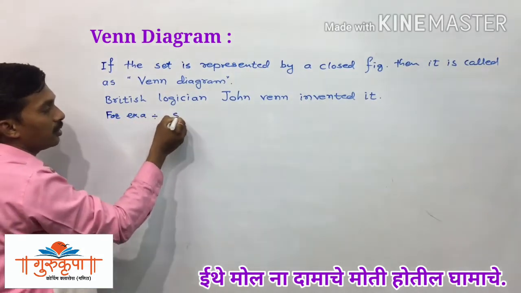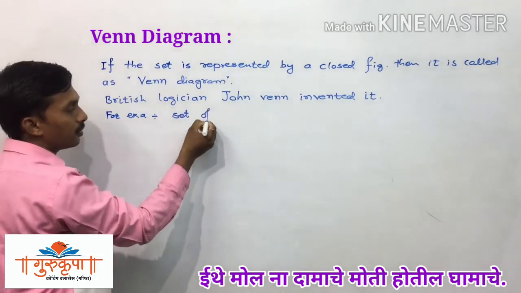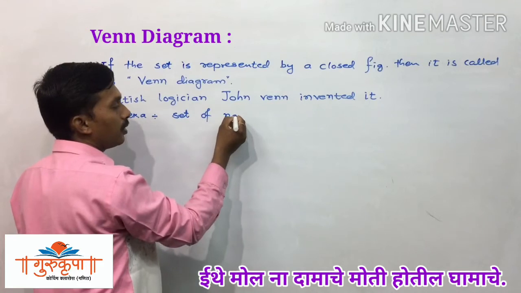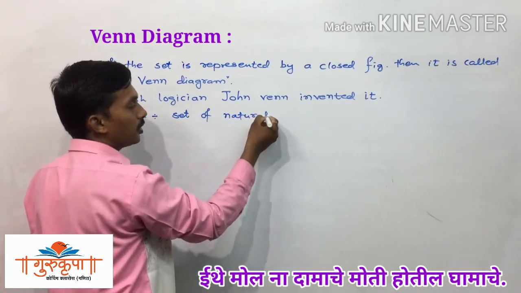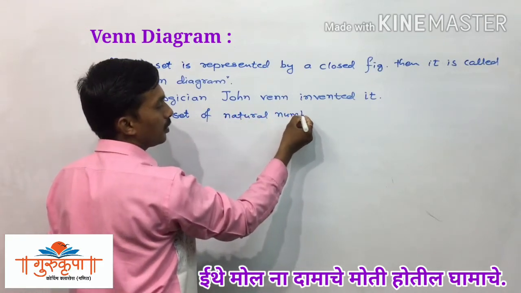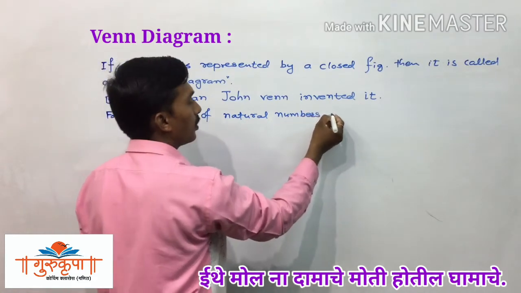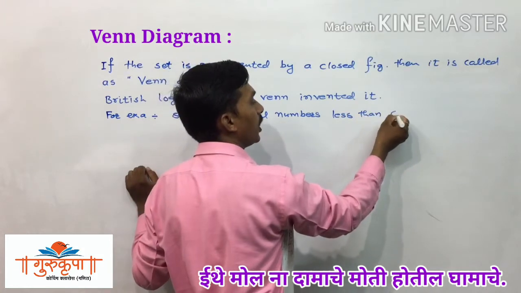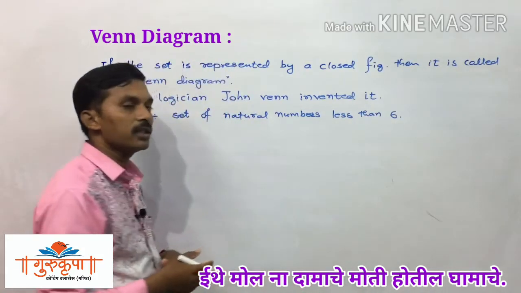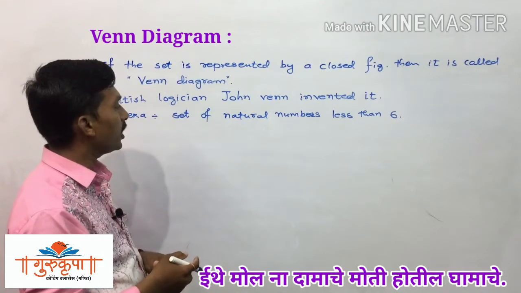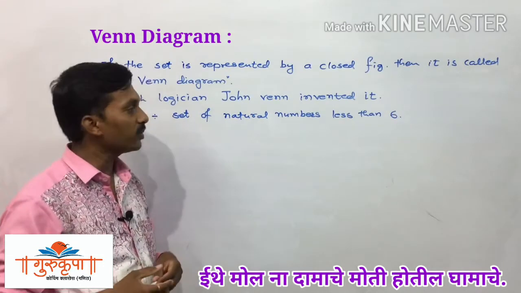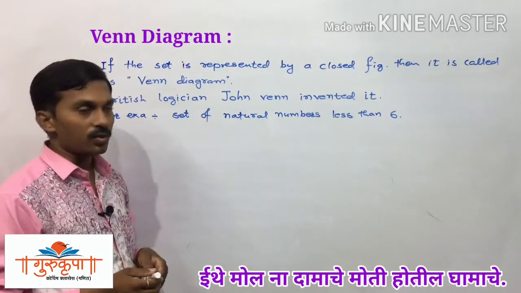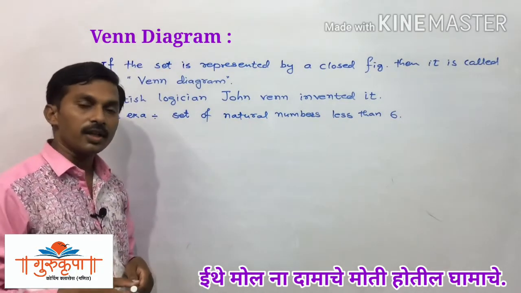For example, set of natural numbers less than 6. You have to represent the set of natural numbers less than 6 using a Venn diagram.